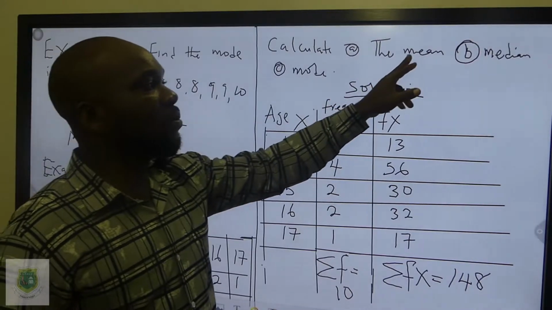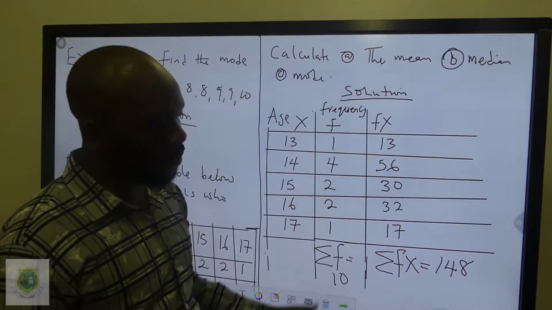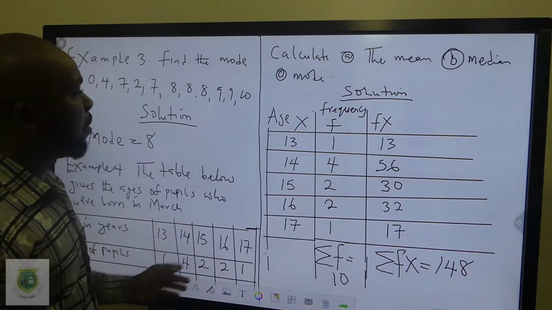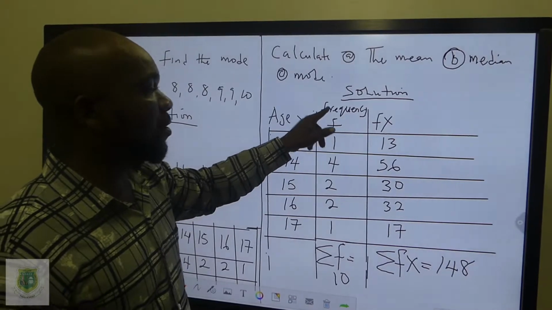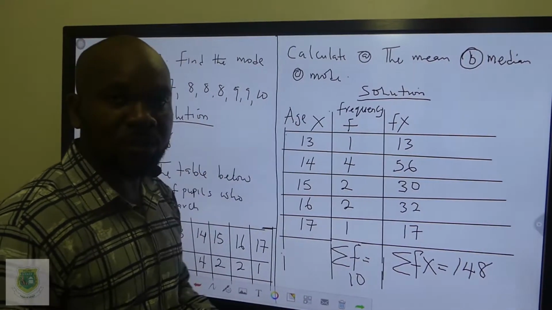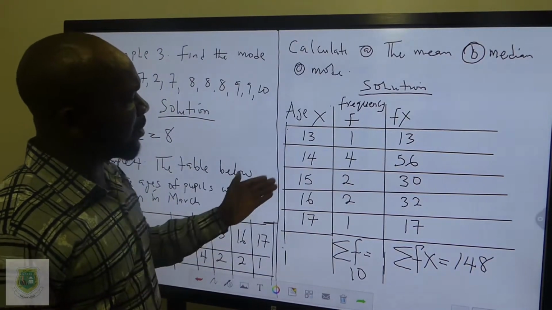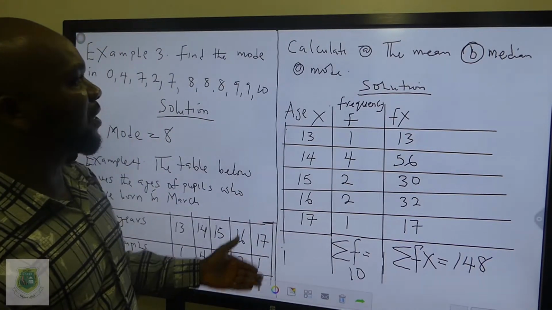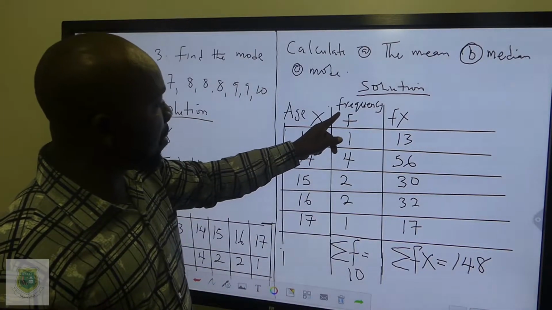Then for us to get the median, we use this table. Age represents x. F is the frequency, the number of times it occurs. From this table, if someone asks you what the mode is, it is the number with the highest frequency.